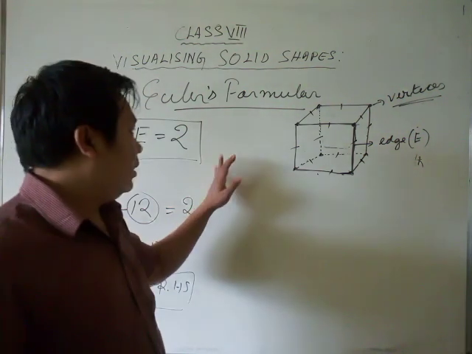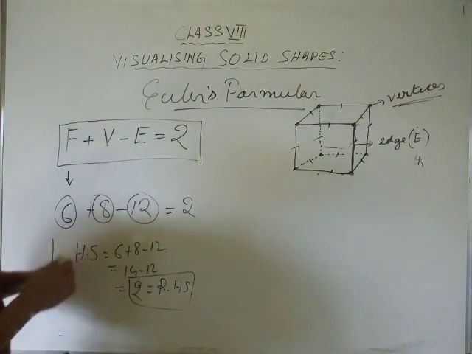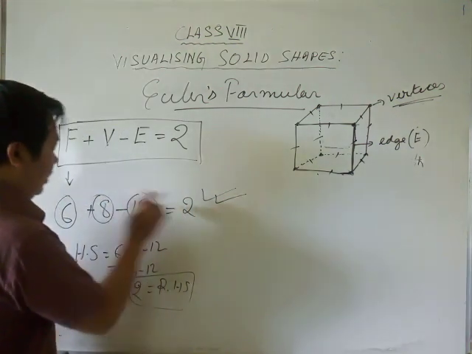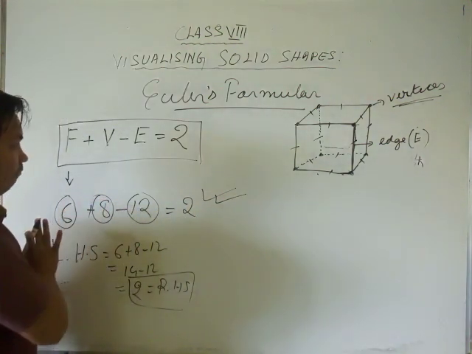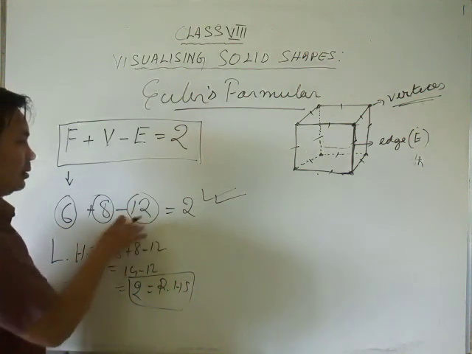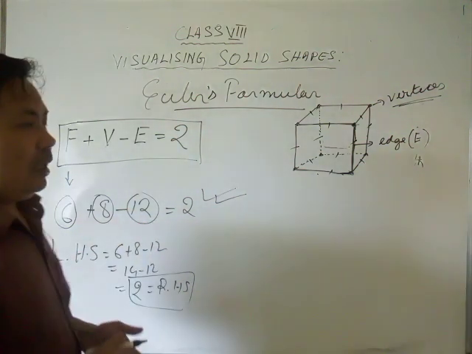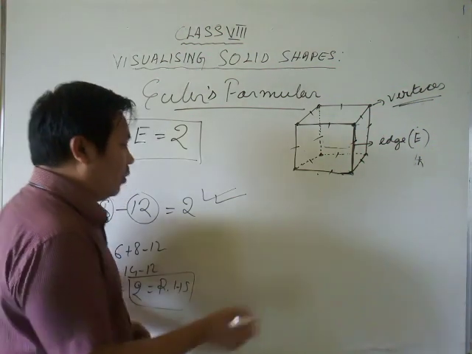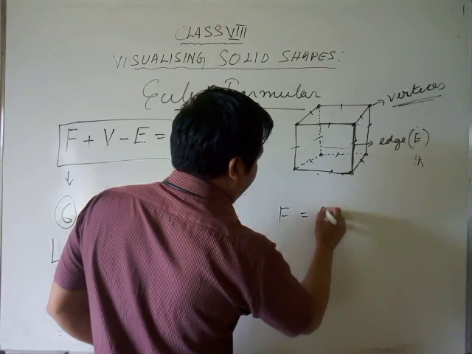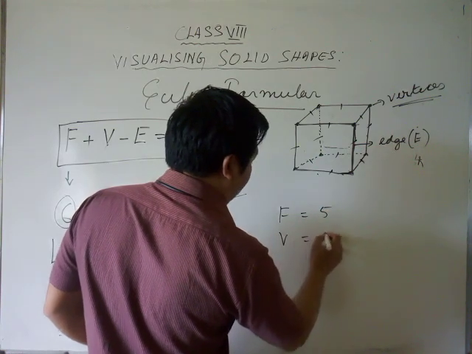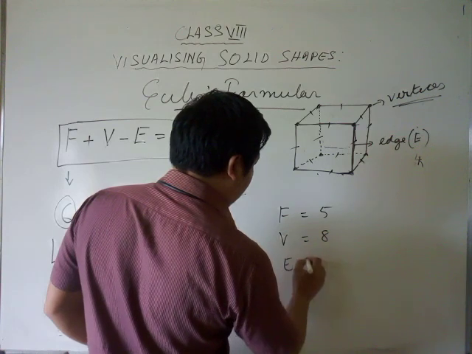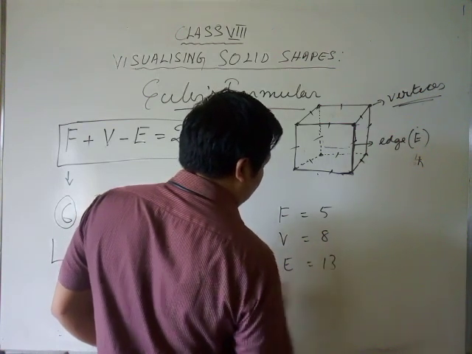So let us try one more. Such a number of faces, vertices, and edges is possible for a polyhedron, isn't it? Let us say that F is equal to 5, V is equal to 8, and E is equal to 13.